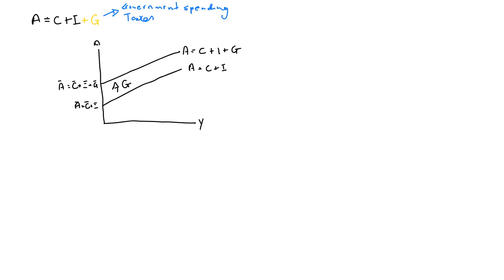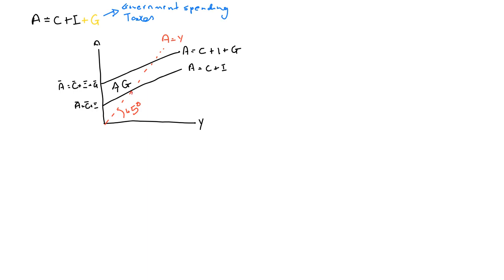Now, remember that we have what we call a 45-degree line, which lets us know what's happened to the equilibrium point as a result of government spending. This 45-degree line indicates one thing and one thing alone: that your aggregate spending is equal to your income or production.